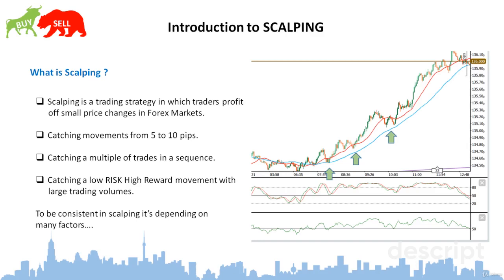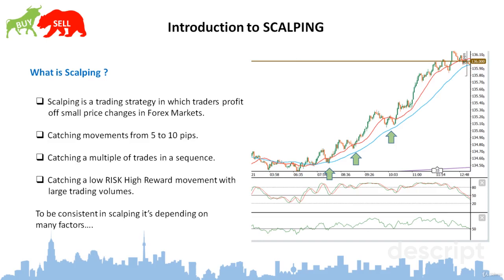It's not like other scalping strategies where traders will take up to 100 trades, but 20, 30, or maybe 50% of their trades are missed or losing trades. So in my scalping strategy, we will focus on catching low-risk, high-reward movements to scalp.